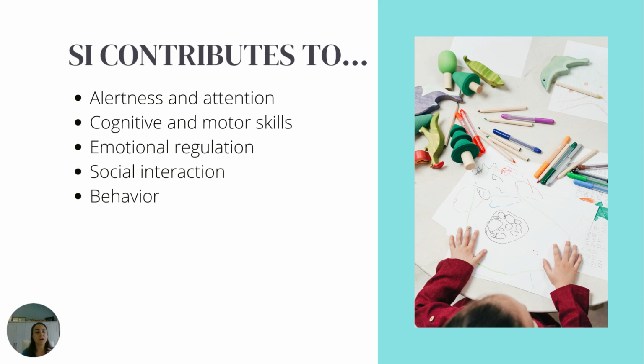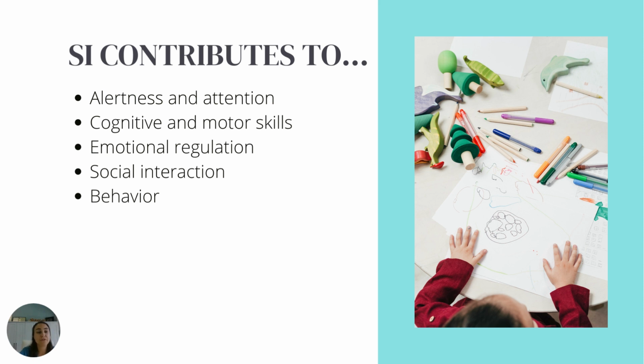A classroom is often quite busy with a lot of pictures and bright colors. There's a lot of movement around them. There's a lot of noise, other children talking. So it can be quite overstimulating, and it can affect their level of attention.